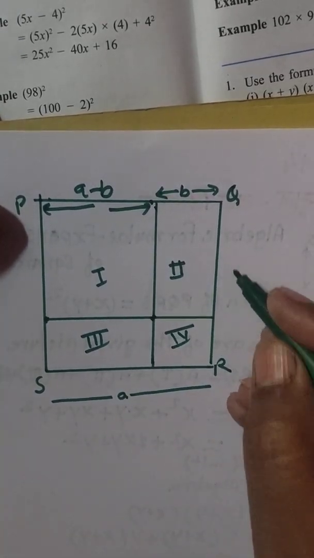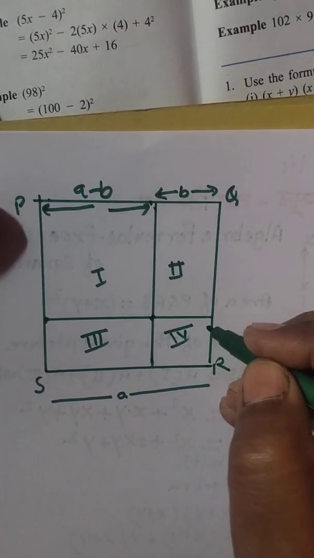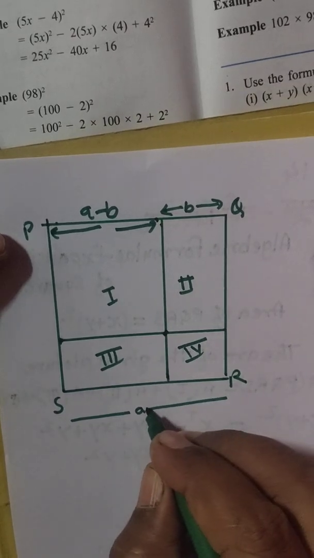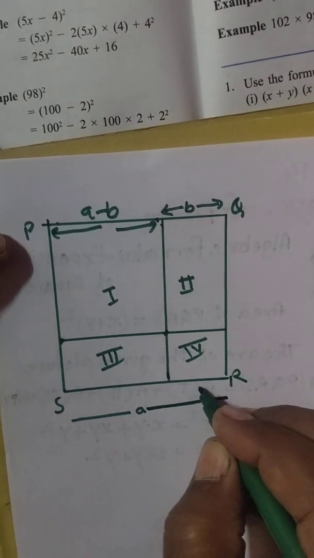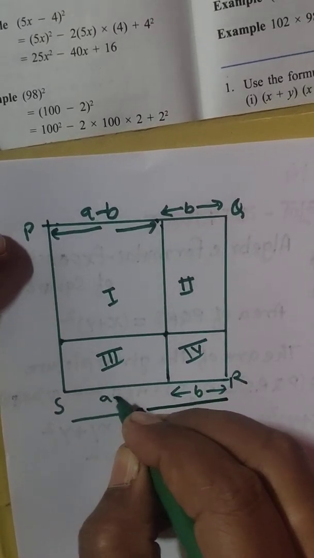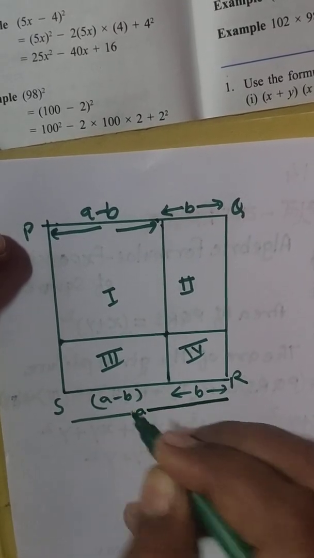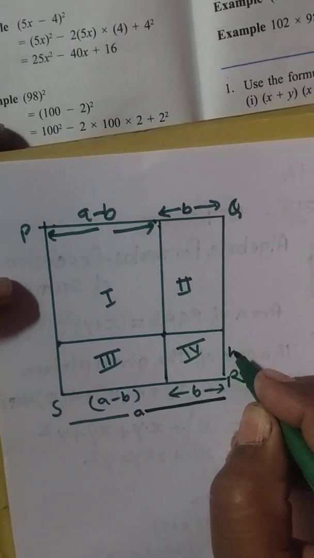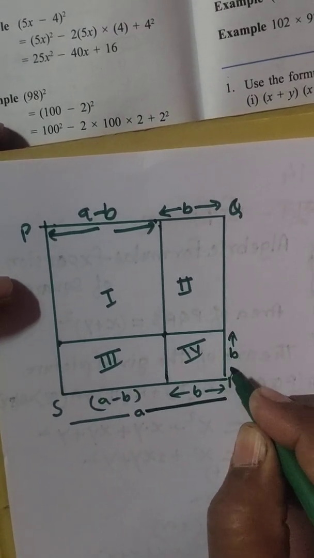Therefore this is B. Okay, this is B also, and here is A minus B. This is a square, therefore this is B.